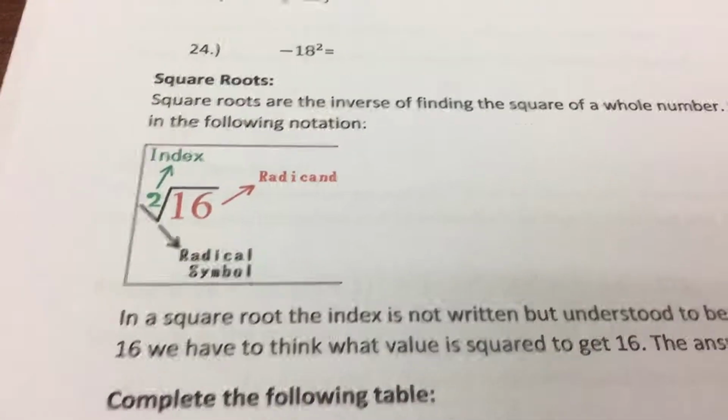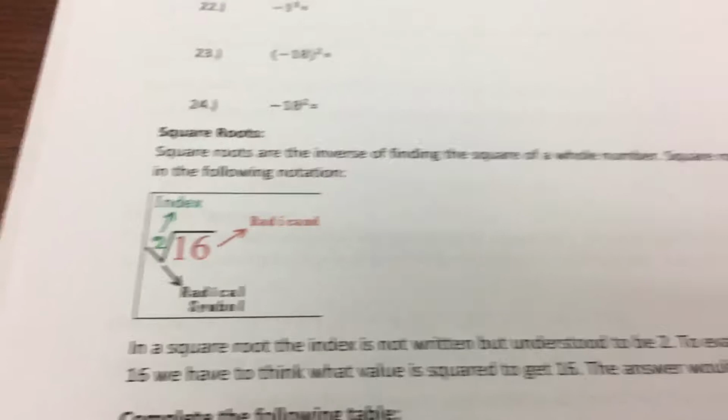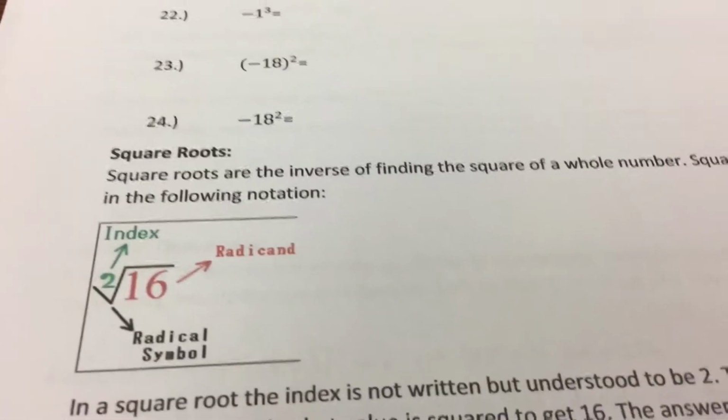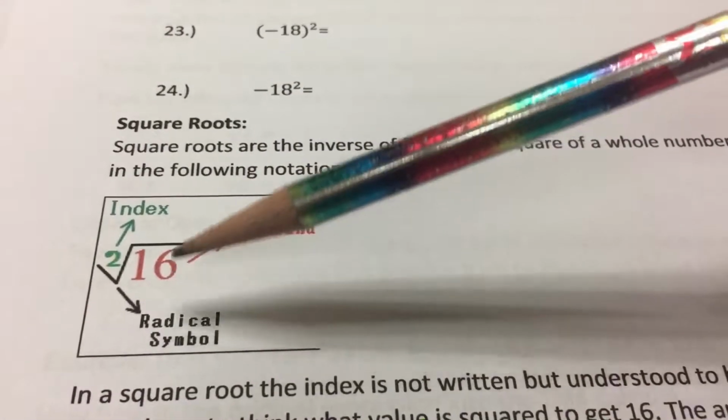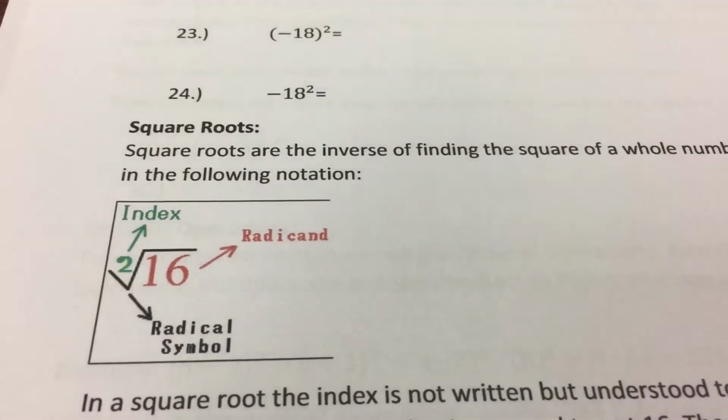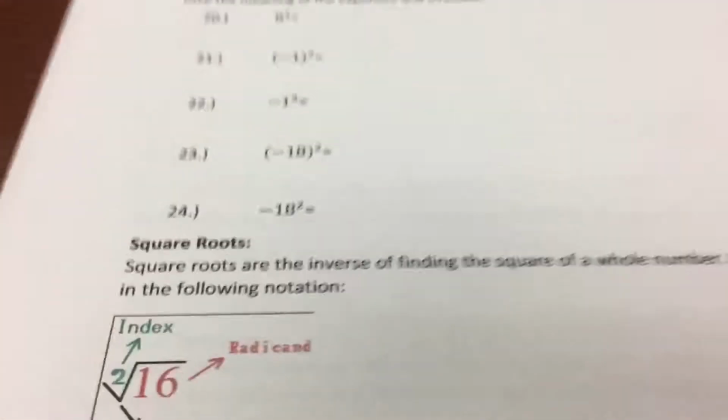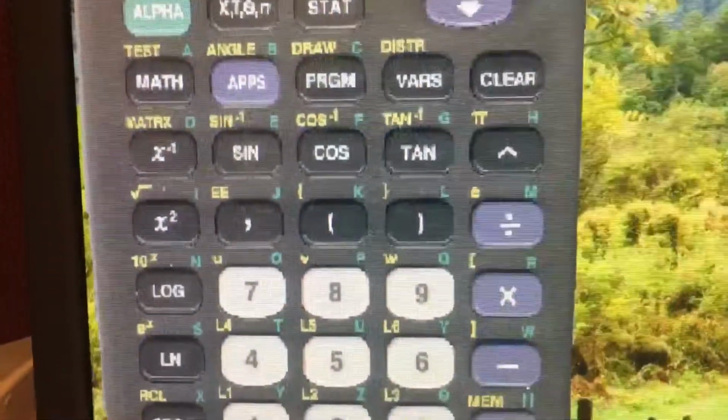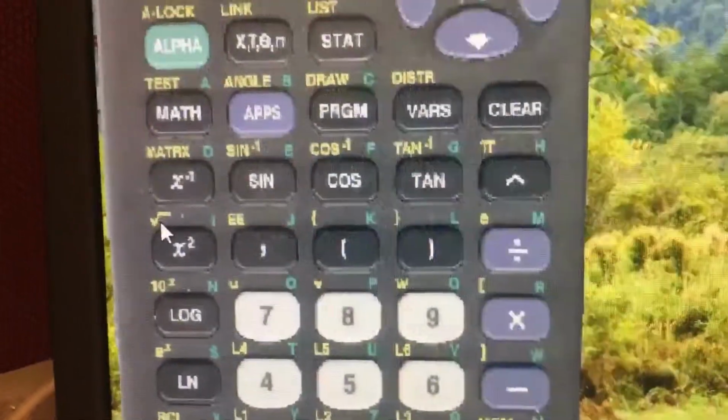Okay, another thing that they're going to ask you to do is square roots. And square root means tell me what number that can multiply times itself and get 16. Okay, well, on your calculator, above the x square right here, it's a little square root.